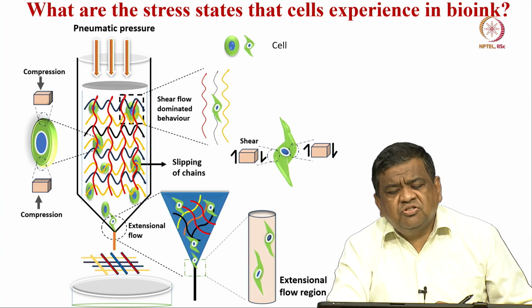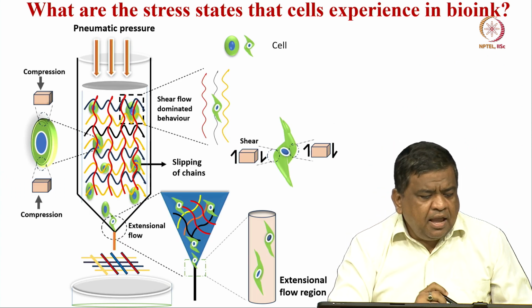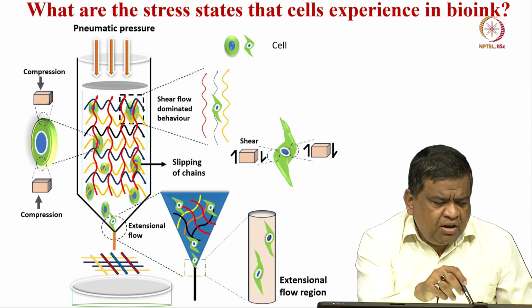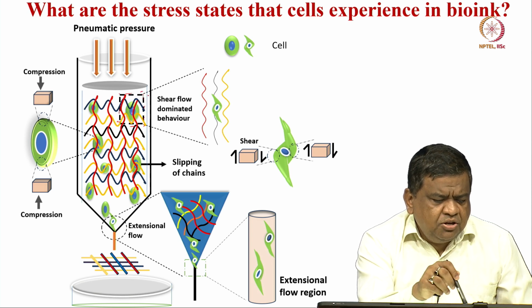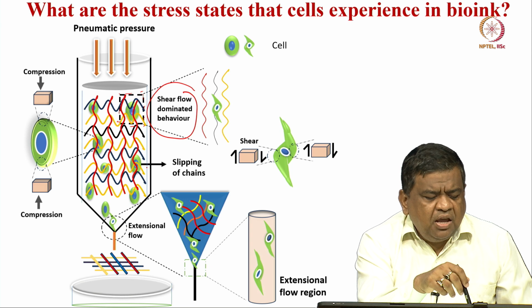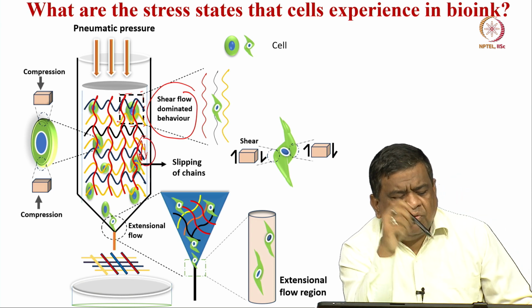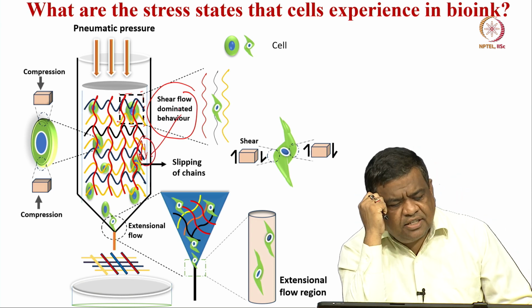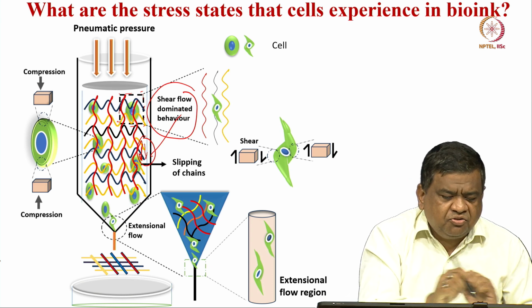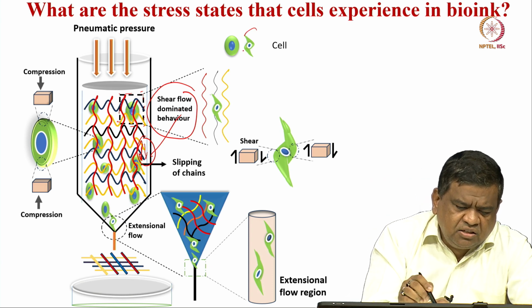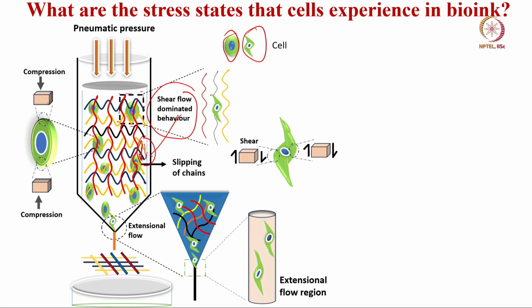So, what are the different stress states that the cells experience? As I mentioned earlier very briefly, this is the shear flow dominated behavior, and here there is a slipping of the layer. This is the region where you can expect the cells will experience more shear stress. This is a cell with a normal shape, and when it undergoes shear, it will change its shape.